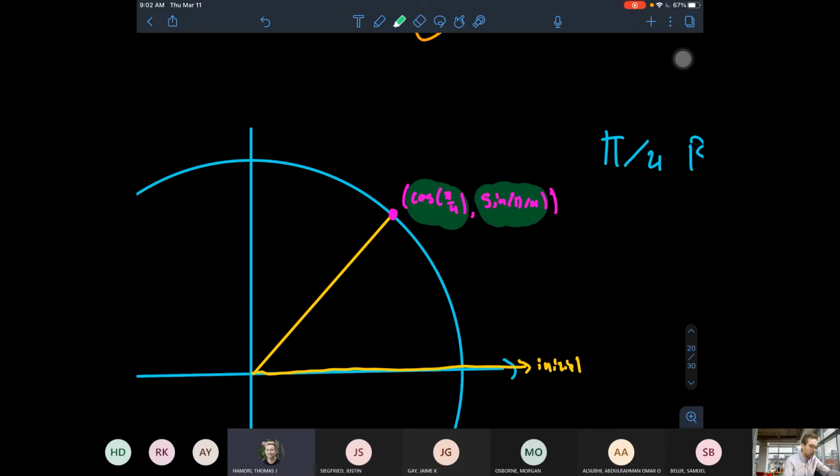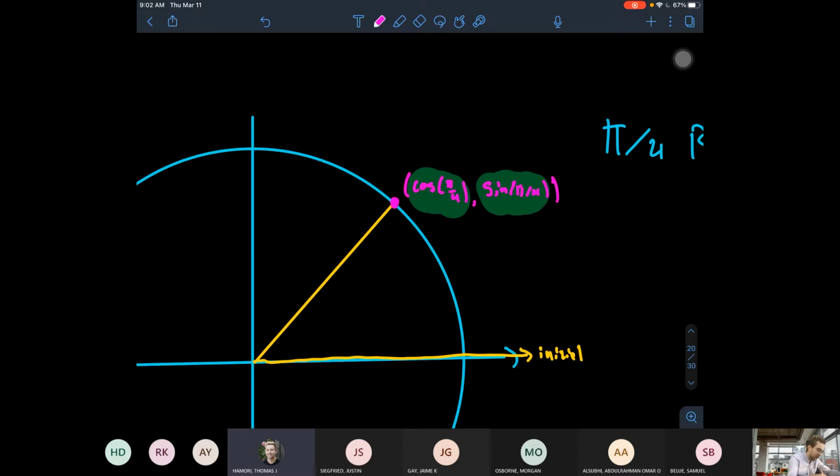And the information I'm given is that this angle is theta, or actually pi over 4. So I know that this angle is pi over 4, and I know that this length is 1. And I want to use that information to figure out what is cosine pi over 4 and what is sine of pi over 4.